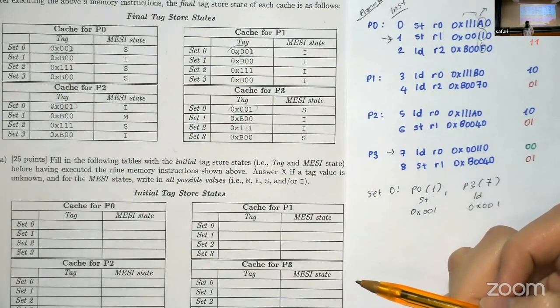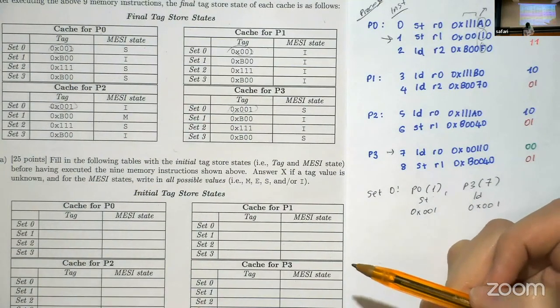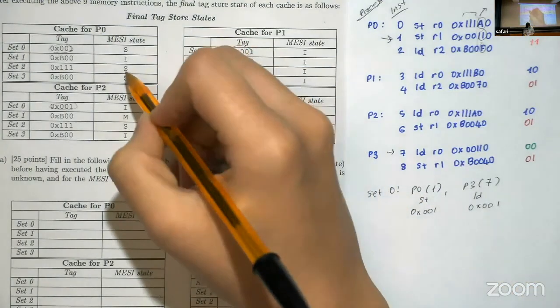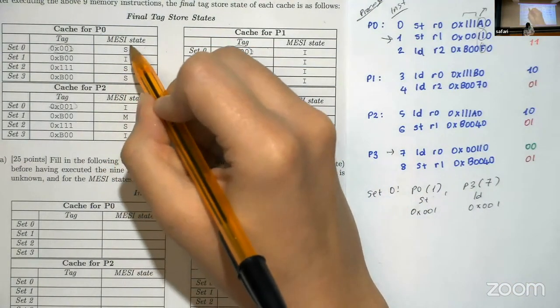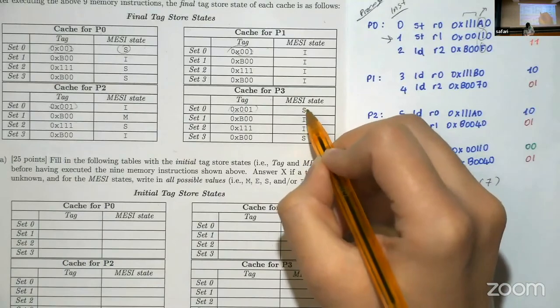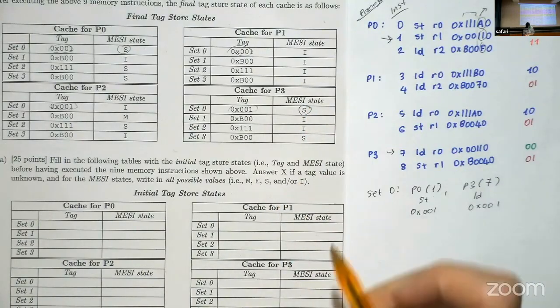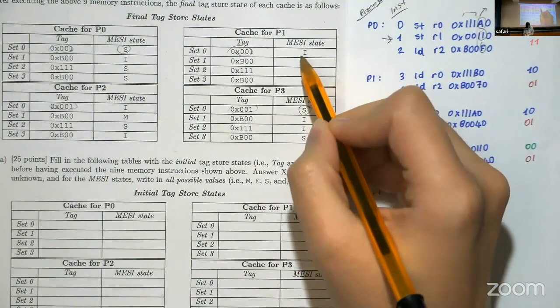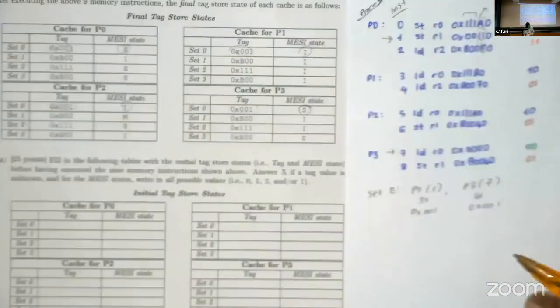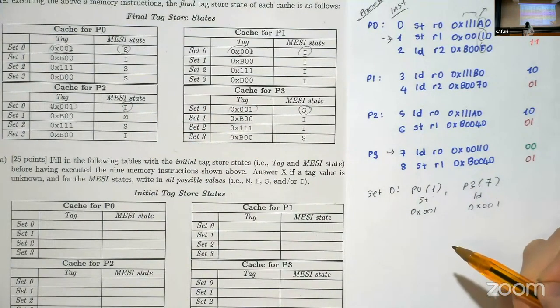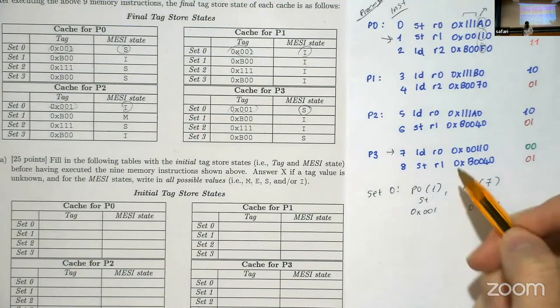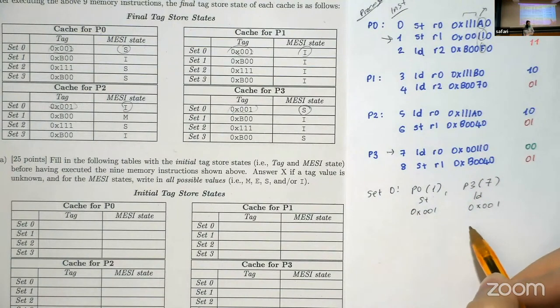When we check the states, P0 and P3 have the shared state and the other ones are invalid. Can you guess in which order these two instructions were executed such that we had both shared states?